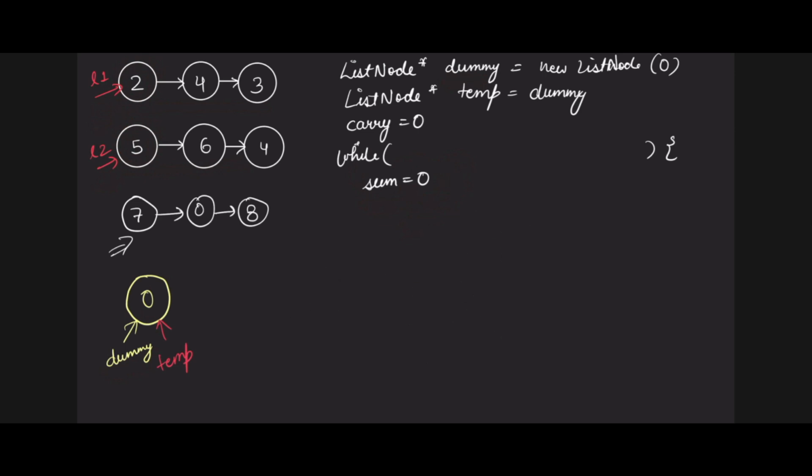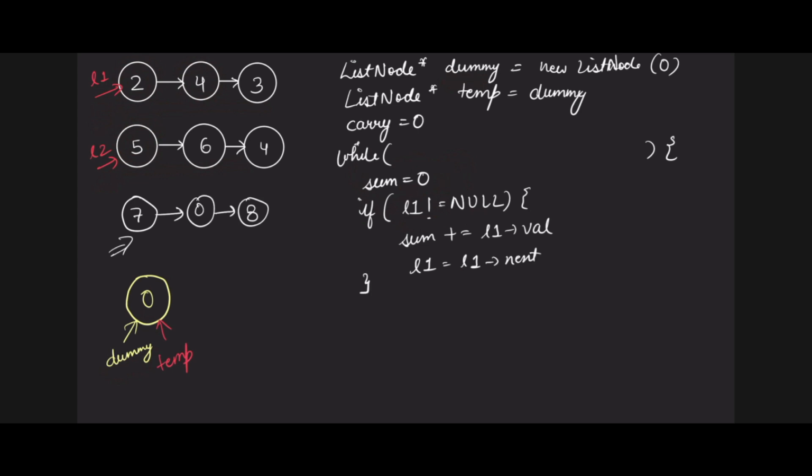So after creating this sum, we will check that if our L1 is not equal to null, right? If it is not null, then that means the node is present. So in the sum, we will add L1's value, right? And for the next iteration, now we need to move to this node. So we will do L1 equals L1's next, right?